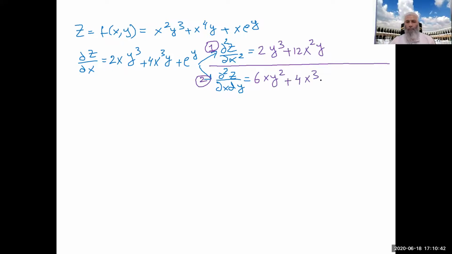And the e^y is also constant, which means 0. No, this is not constant. This is a variable. We take the derivative with respect to y. So what is the derivative of e to the power y? It's just e to the power y. Okay, understood.